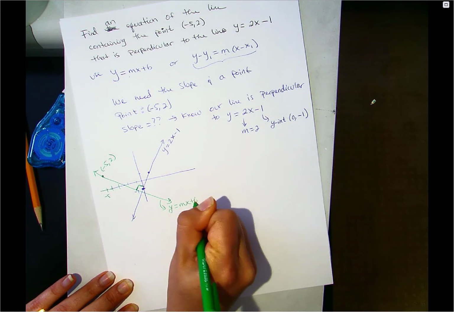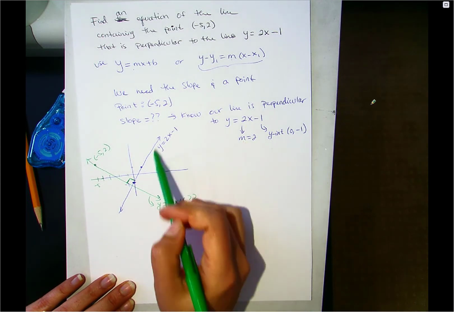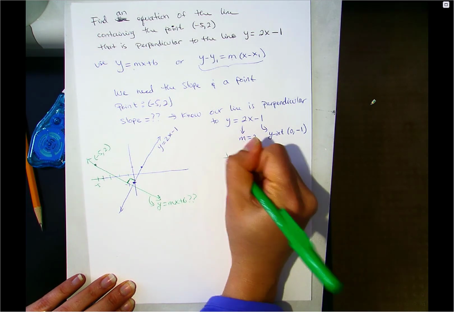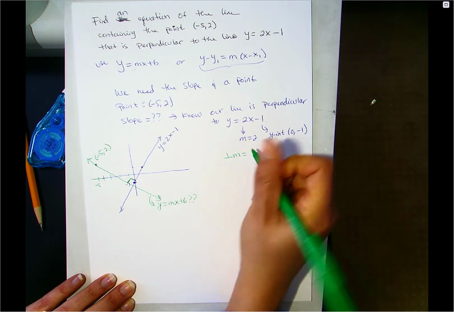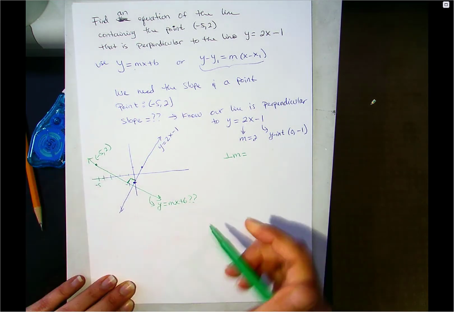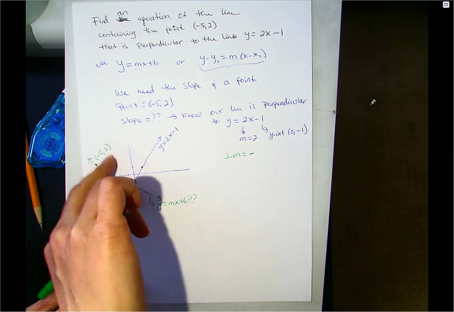So this is the one that I want to find the equation of. y equals mx plus b. But we know since the slope of the blue one is 2, my line, the perpendicular line, the slope is going to be, notice that that's positive, so this one should be negative. And the rise and the run switch.